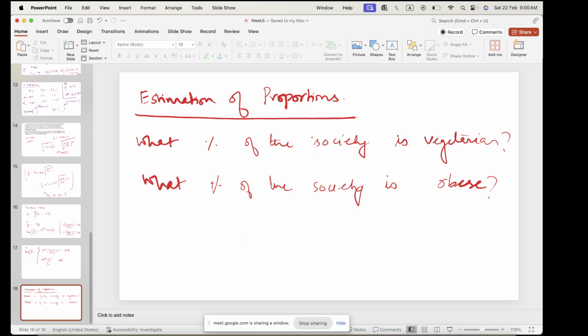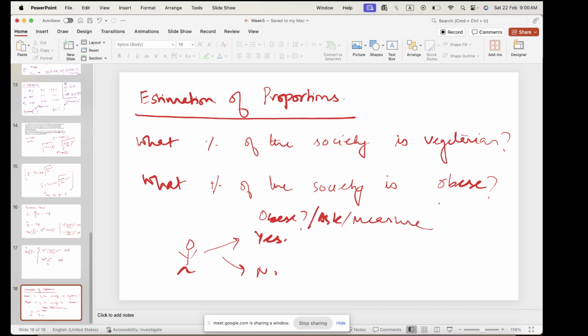So these are actually questions where we ask a person. So if this is a person and we ask obese, they say yes or no. We ask or we measure anything.